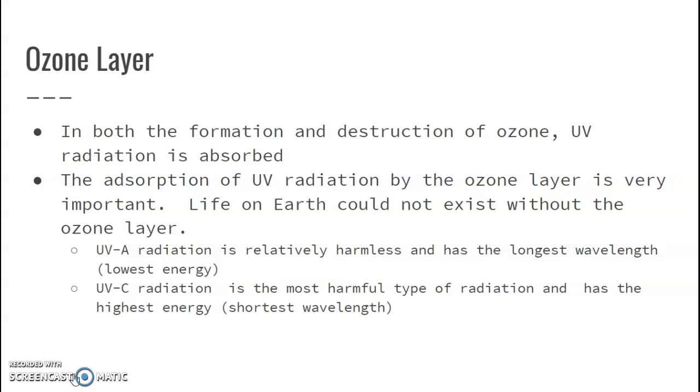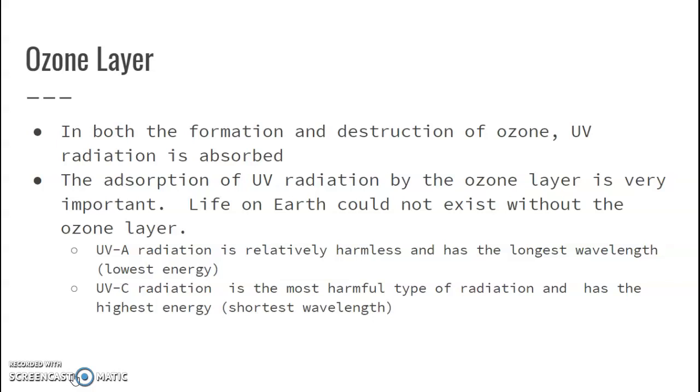This UV radiation, some of it absorbed and some of it let through to the surface of the Earth, is very important because life could not exist on Earth without the ozone layer to filter out the excess UV radiation.